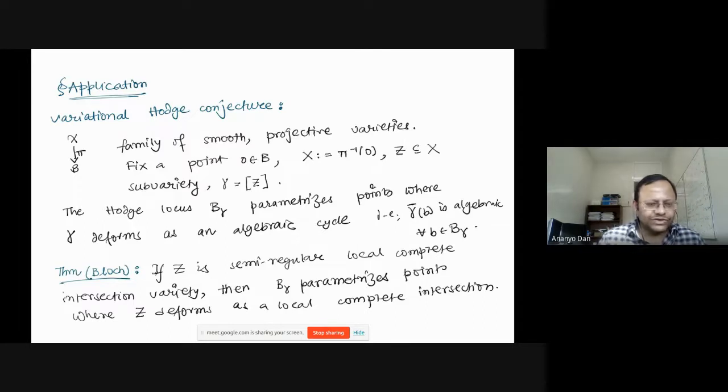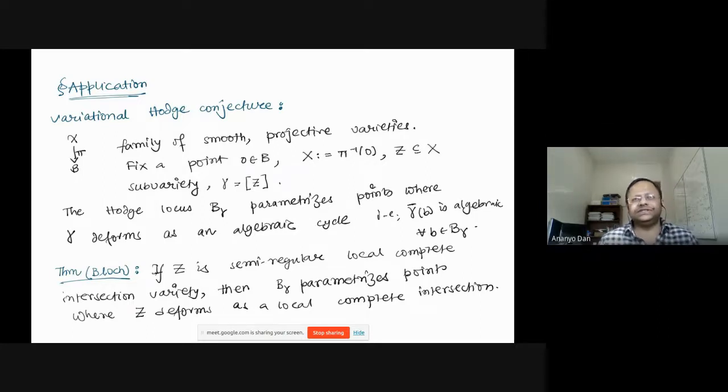In the language of obstruction theory, if you have a semi-regular local complete intersection subvariety, then the topological obstruction and the geometric obstruction are going to be the same. So it will deform as a Hodge class if and only if it deforms as a local complete intersection subvariety. So this is quite a strong formulation of a variational Hodge.